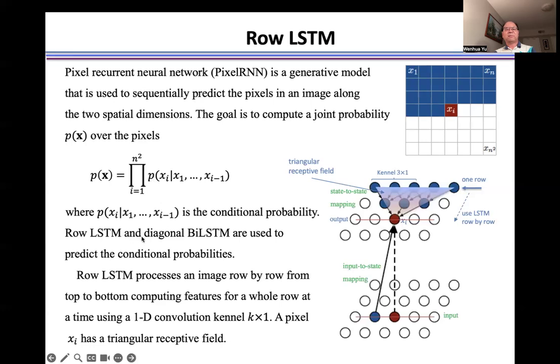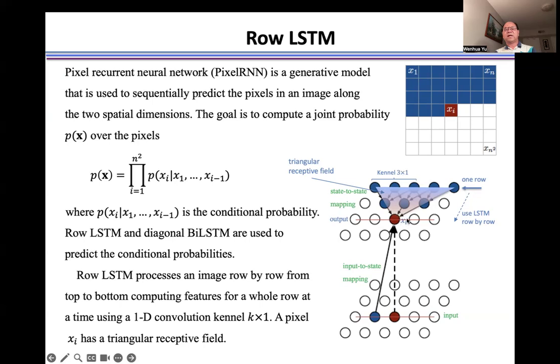Row LSTM and diagonal bidirectional LSTM are used to predict the conditional probabilities here. Row LSTM processes the image row by row from top to bottom, computing features for a whole row at a time using a one-dimensional convolution kernel k by 1. Here, k is 3.